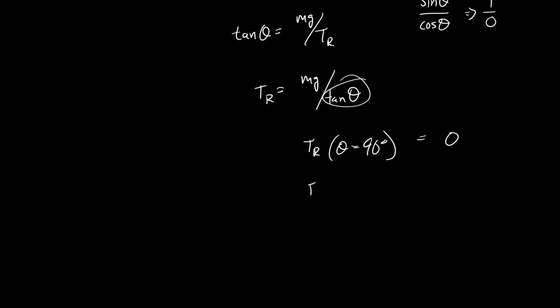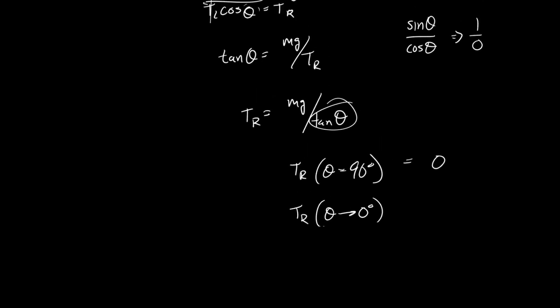Test this one. What's TR going to be as theta approaches 0 degrees? You need to know what tangent of 0 degrees is. This one's easy. What's tangent of 0 degrees? 0.